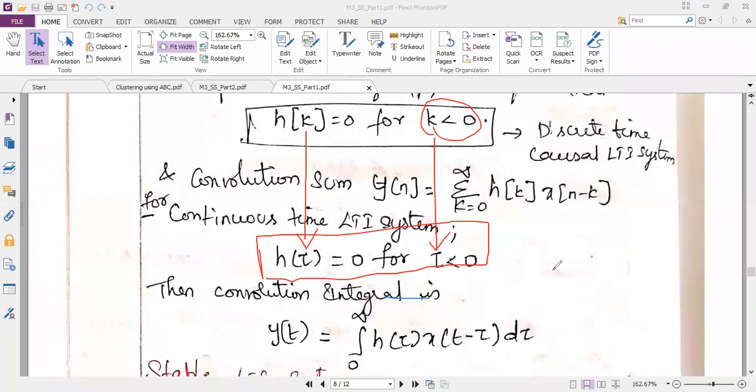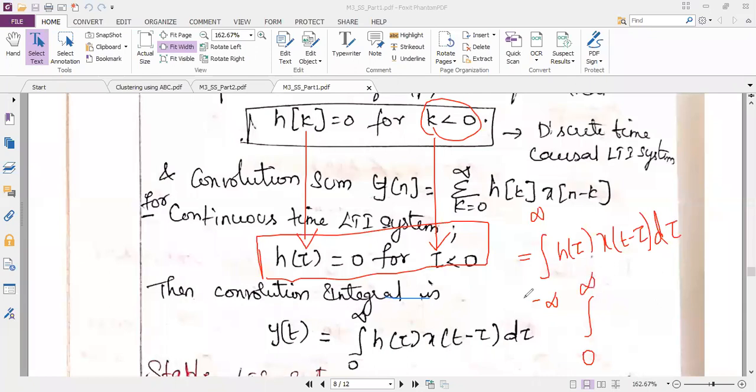Even when I expand the formula of the continuous time system, integral from minus infinity to plus infinity, h of tau x of t minus tau, I definitely know that I will get my output only when tau is greater than 0.